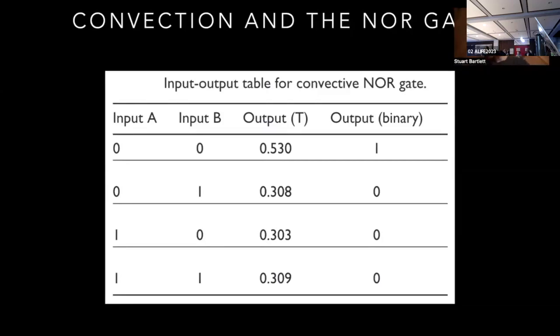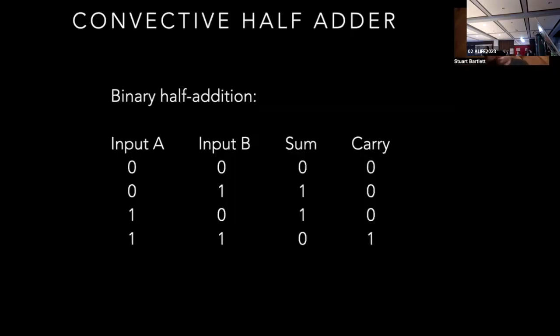So the question is, can we wire these convective NOR gates up to make simple circuits? One of the simplest circuits we can try to make, given that the NOR gate is universal, is a binary half addition circuit. So this is the truth table for binary half addition. Basically, if the system has two 0 inputs, then of course both outputs are set to 0.